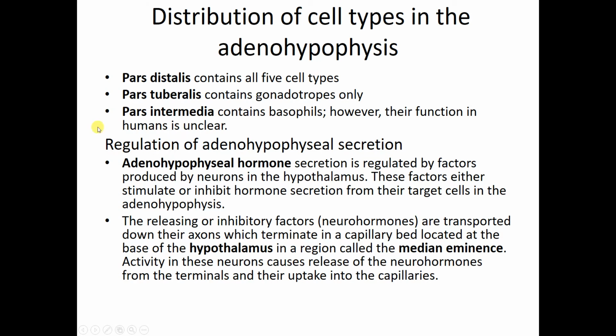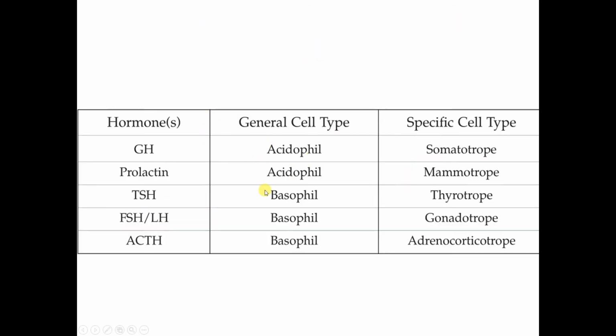Okay, regulation of adenohypophyseal function. Adenohypophyseal hormones are secreted under the control of the hypothalamus, and we have releasing hormones. You heard about adrenocorticotropic releasing hormone. They are neurohormones which activate these cells which we discussed here, might be acidophils, might be basophils, and individually somatotropes or mammatropes.